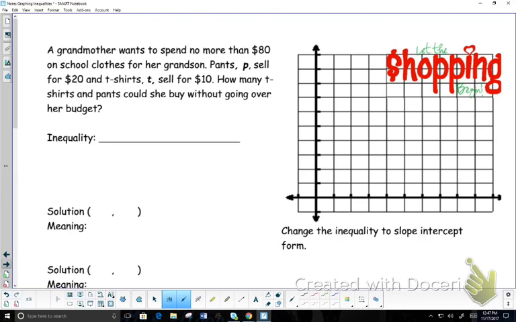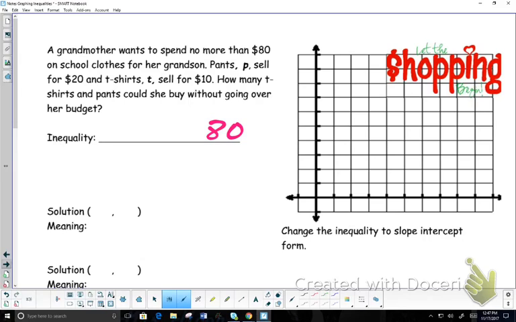Okay, so we're talking about 80 being a maximum amount or a minimum amount? Maximum. Now I want you to picture your little alligator. Which one is the minimum?